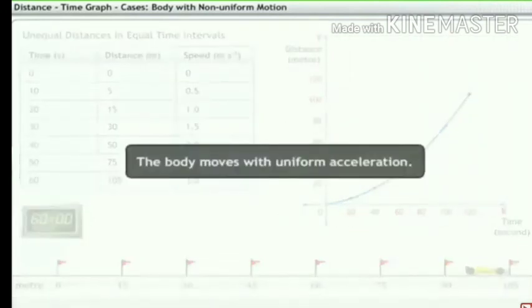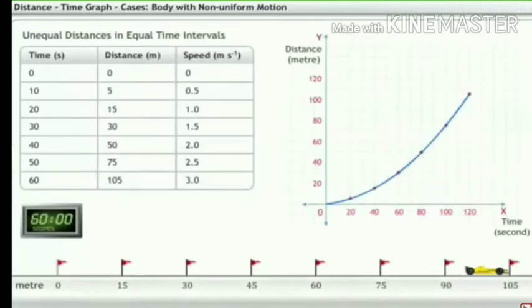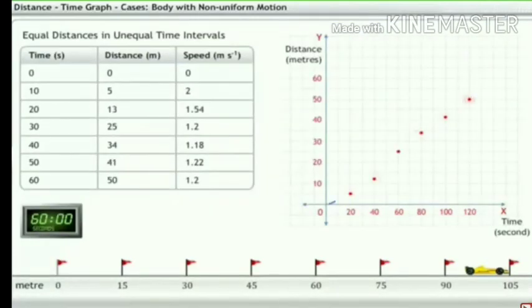Thus, if you will see, the body moves in uniform acceleration. Here it is a curved line, therefore body is in non-uniform motion.